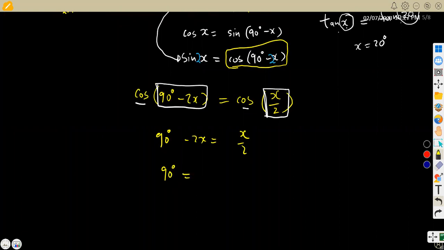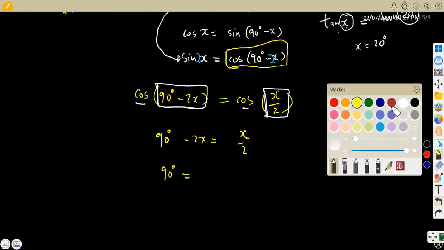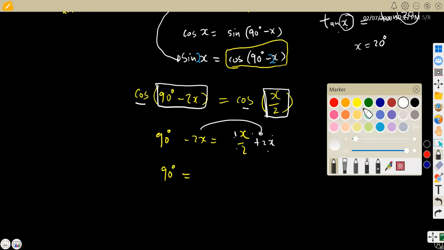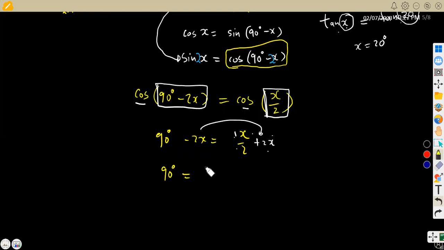90 degrees is equal to, if we transpose negative 2x to the right-hand side, positive 2x. That's 1 over 2 plus 2, because this is x and this is x. From your calculator, 1 over 2 plus 2 is going to be 5 over 2 x.